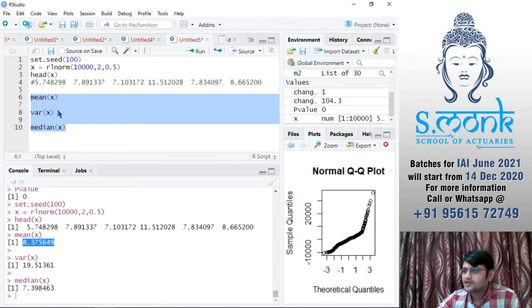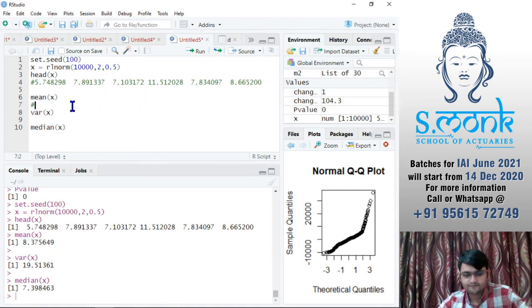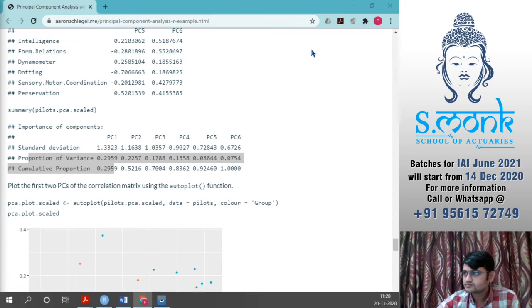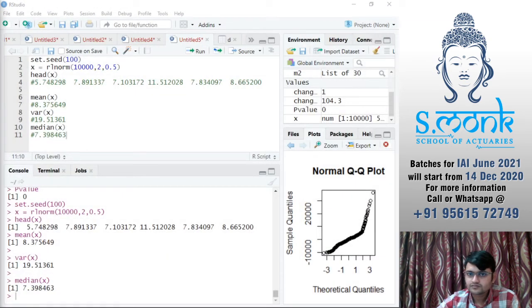So we have mean, variance, and median. We know how to find the mean of a log normal distribution.